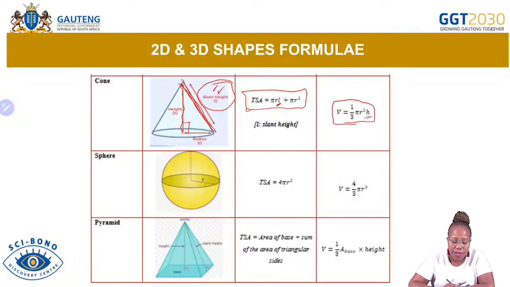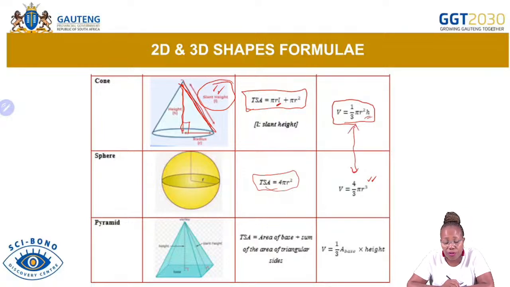And then now with the sphere, the total surface area will be 4 pi r squared, and its volume is 4/3 pi r cubed. That's the volume. Do not confuse these two, grade 12. Most of the time you are confusing the two formulas there. Make sure that you can differentiate the volume of a sphere from the volume of a cone.